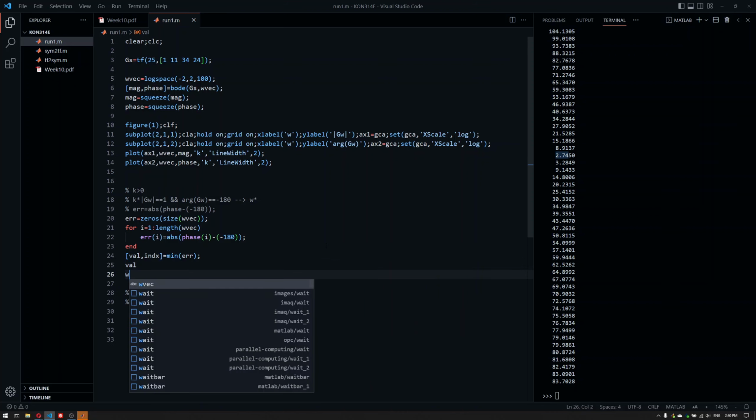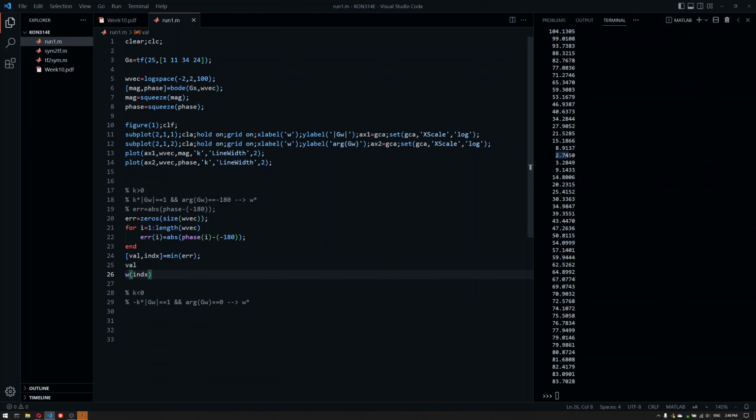So that's going to be value, that's going to be omega, and I can check for the magnitude and phase also to see what it is, or maybe even a display message here would be nice to inform ourselves to pick the right points here.